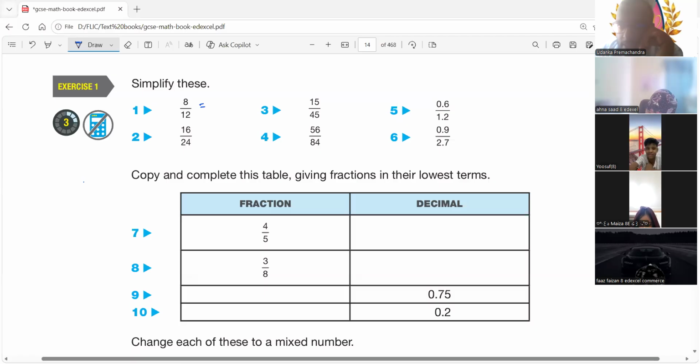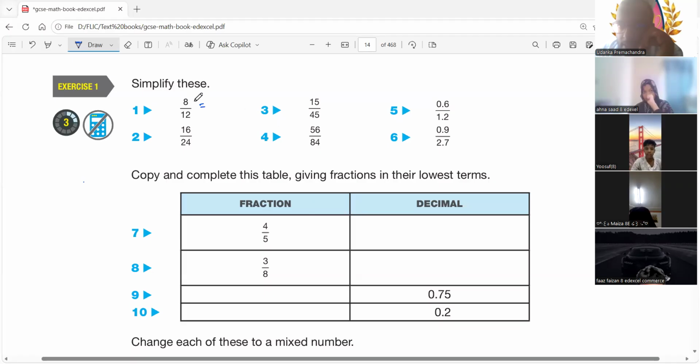My WhatsApp number is here, plus 94 77403 2000. You can ask me through WhatsApp also. I will share the document with you.